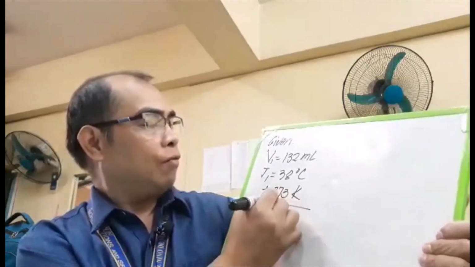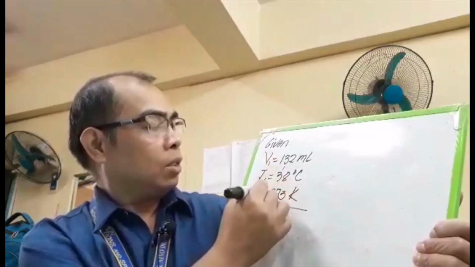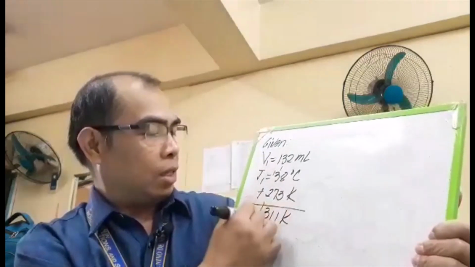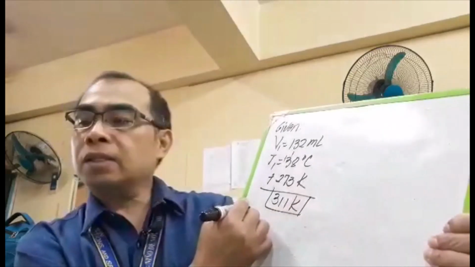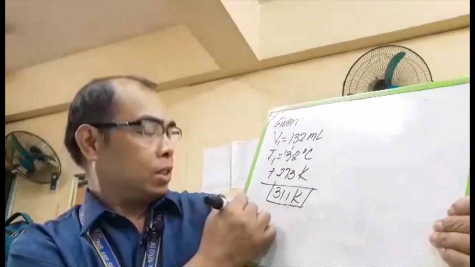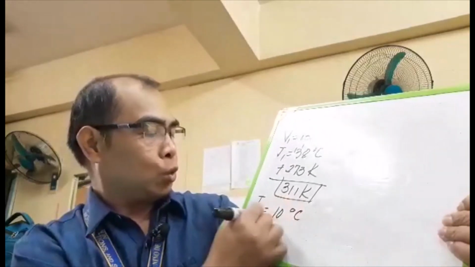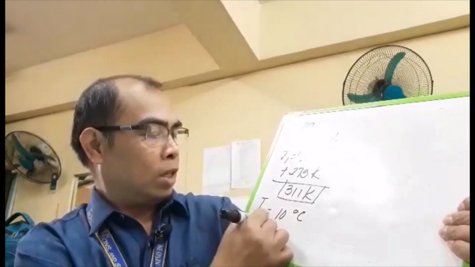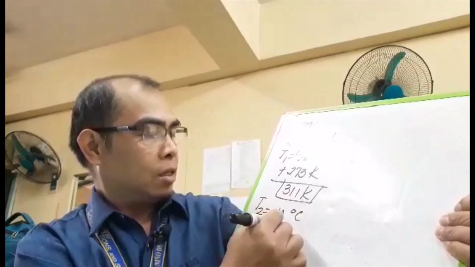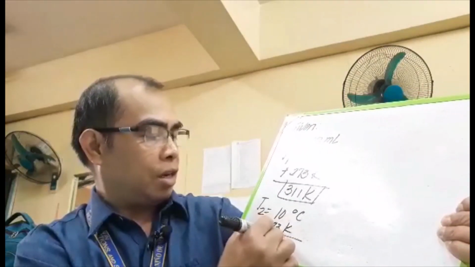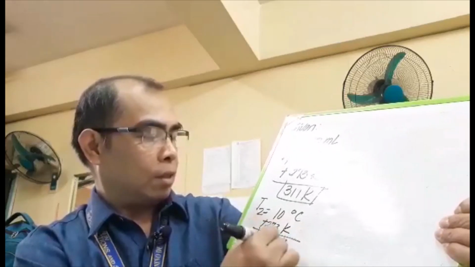So we have 311 Kelvin. Next, we also have our T2, which is 10 degrees Celsius plus 273 Kelvin. So we have 283 Kelvin.